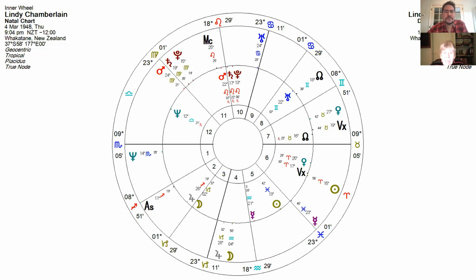And I do tend with these sorts of things to look mainly for the conjunctions and the oppositions, and then the squares as sort of a backup. The important thing to me, though, is that all these dynamic charts have to validate what is in the other charts.